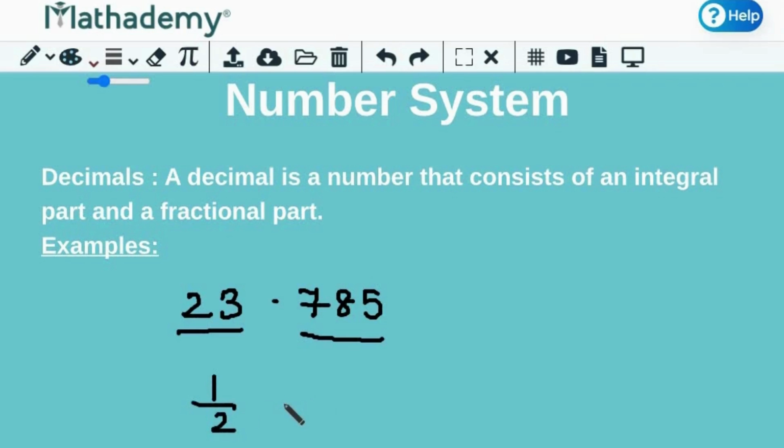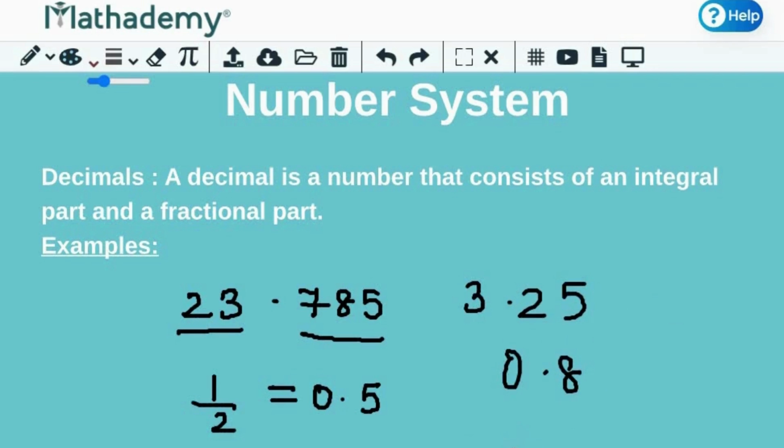When you further simplify 1 by 2, you get a value like 0.5, which is now a decimal number. So, numbers like 3.25, 0.8, 3.99, and so on are all decimal numbers.